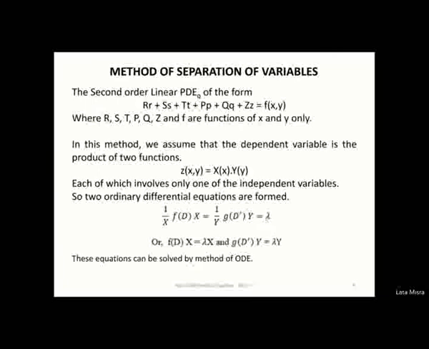So here we get two ordinary differential equations, equal to any constant lambda, and after solving these ordinary differential equations we find the solution of capital X and the solution of capital Y, and we use these values in z equals capital X capital Y, and this is the solution of the given partial differential equation by the method of separation of variables.